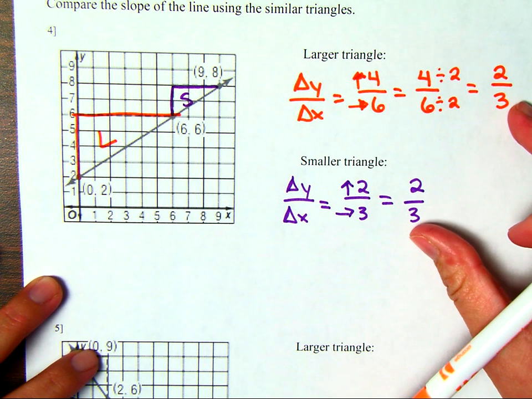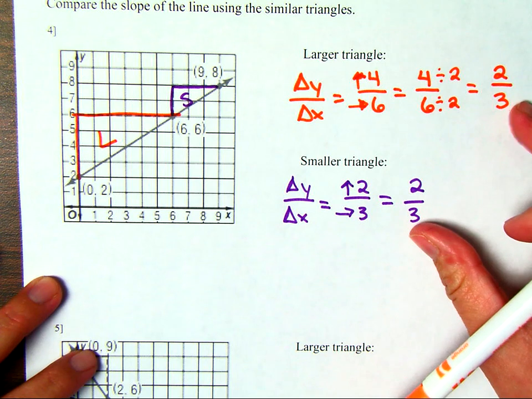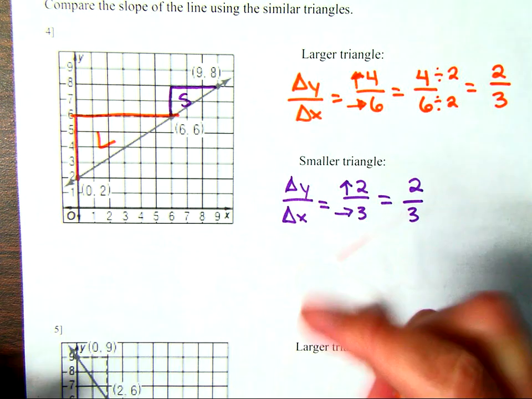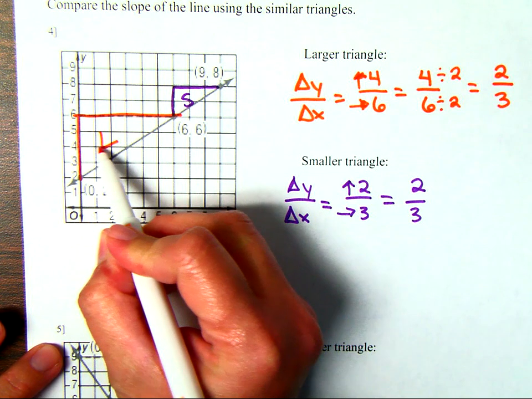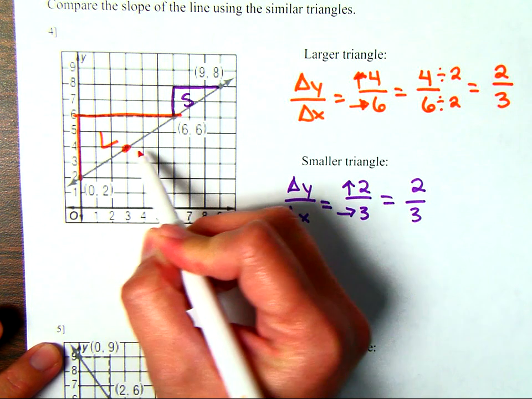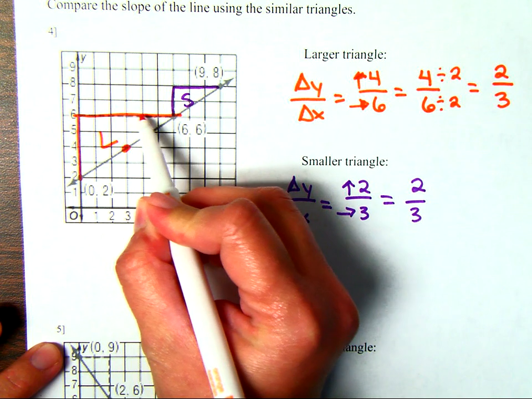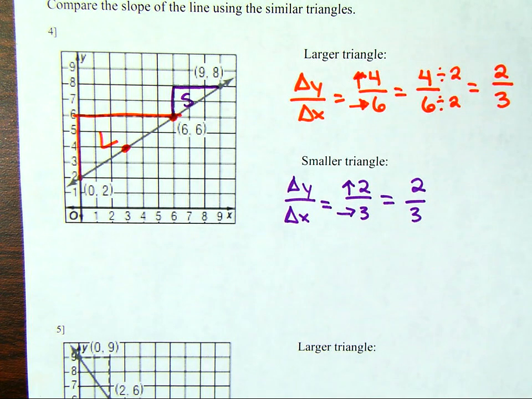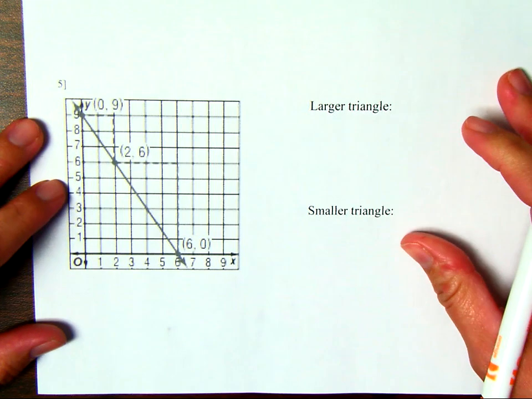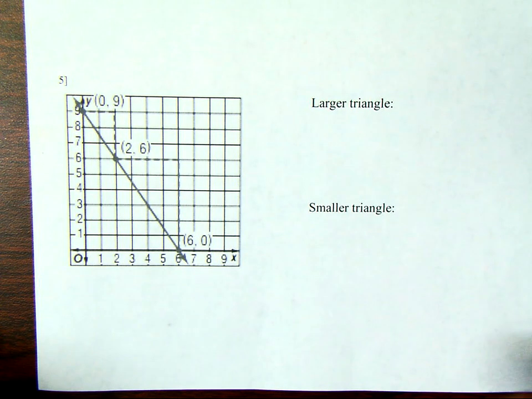These triangles are proportional. And look, if I go up 2, 1, 2, 3 to the right, 1, 2, 3, there's an ordered pair. Up 2, 1, 2, over 3, 1, 2, 3, there's your next ordered pair. So that's what we are looking at. So always reduce your slope so that you can see that that's your true slope and that constant rate of change in this situation.